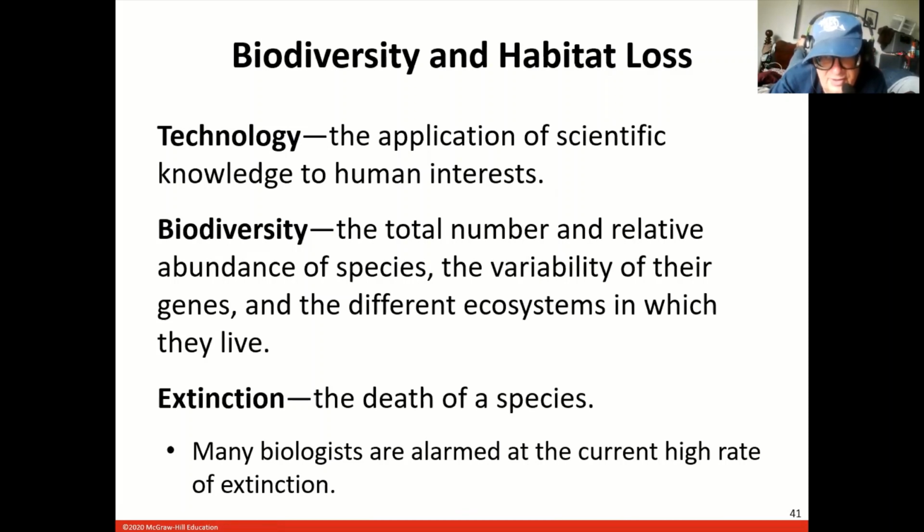Biodiversity is the number and relative types of species we have, how much variation there is in their genes, and how many different ecosystems where they live. Extinction is when a species dies out. And they're right, we're not happy about how quickly this is happening. We appear to be in a 6th mass extinction right now.